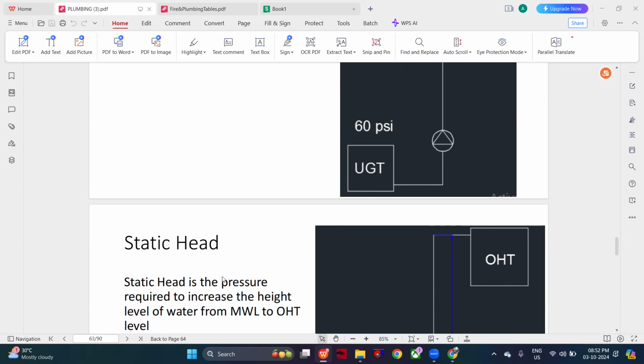Yes, rather against a vertical pipe, on a vertical pipe. Amal, why did you say OHT? Why do I have to find out the static head in OHT? What idea leads to that answer?